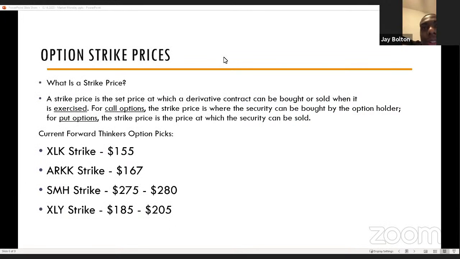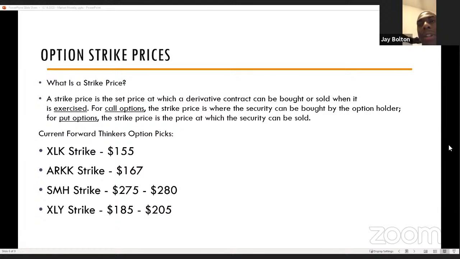So what is a strike price? In an option, you have the right but not the obligation to buy a stock at a set price in a given time frame. For example, one of our strikes is the technology sector, the XLK Spider Select ETF. We are paying for the right but not the obligation to buy XLK at $155 in 2023.